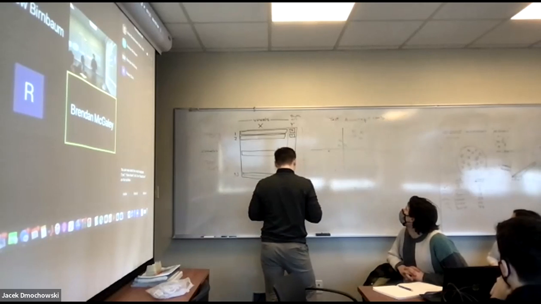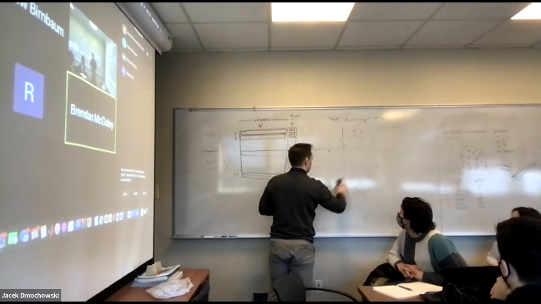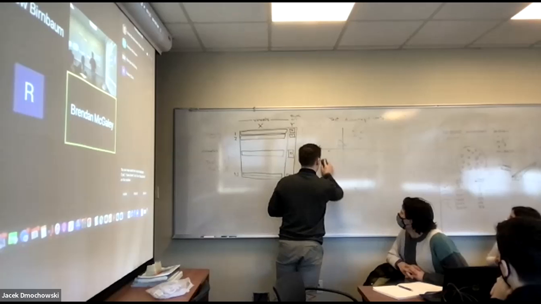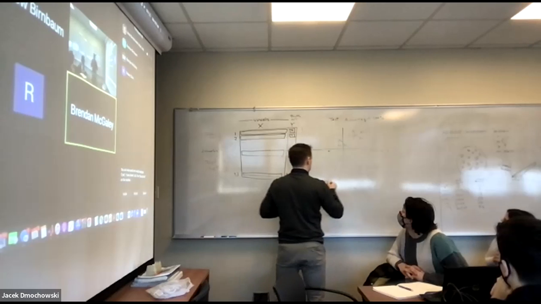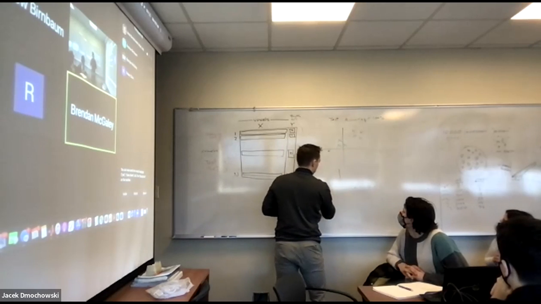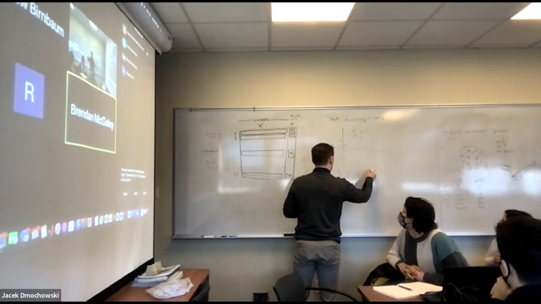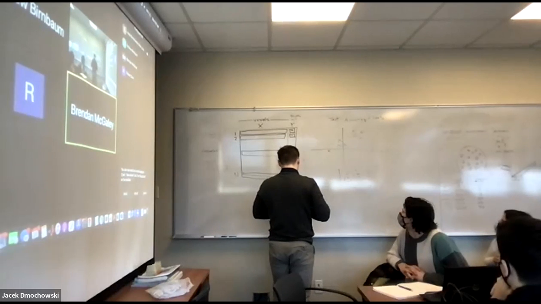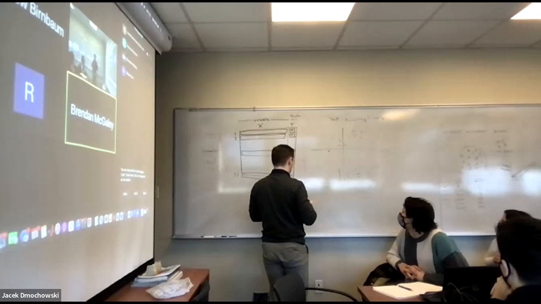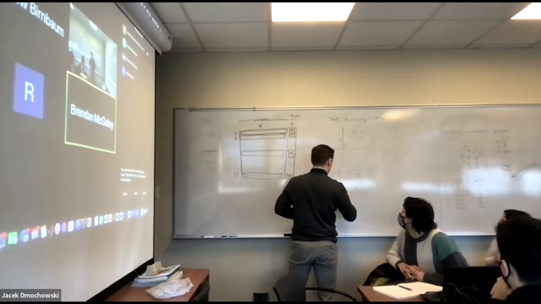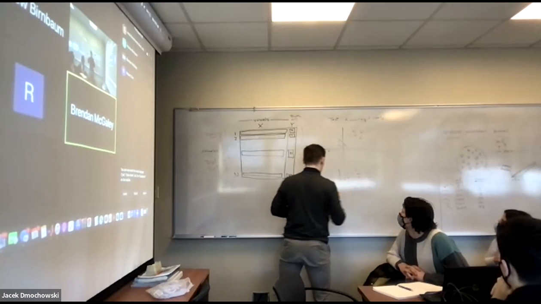But then notice, anytime you look at a linear regression figure, the picture you will see is something like you'll have your scatter plot, and then they will draw a line of best fit. Let's say your line of best fit is like that.